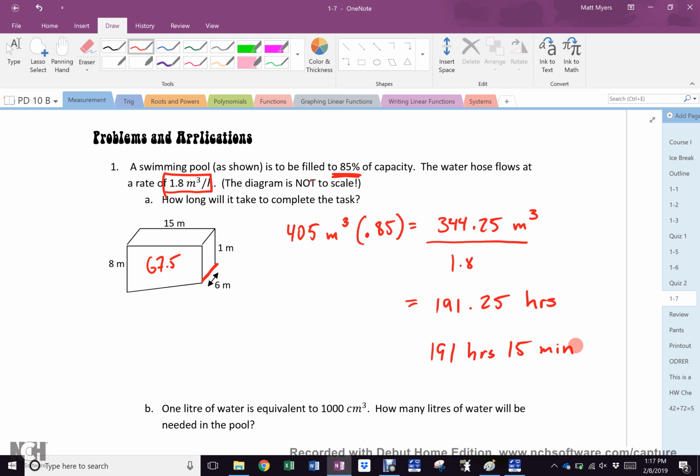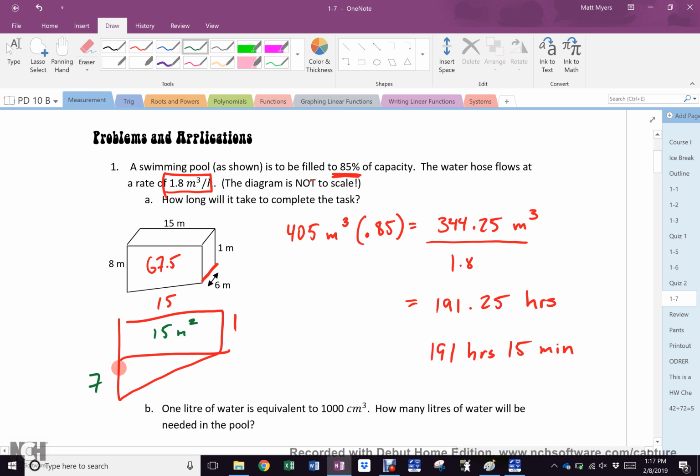Priya? Certainly. I did 1 by 15 to get 15 meters squared. Then I did 7 by 15 divided by 2, which is 52.5, to get 67.5.